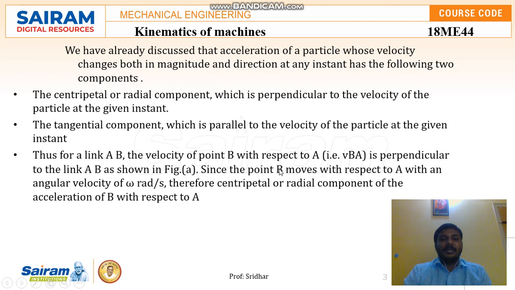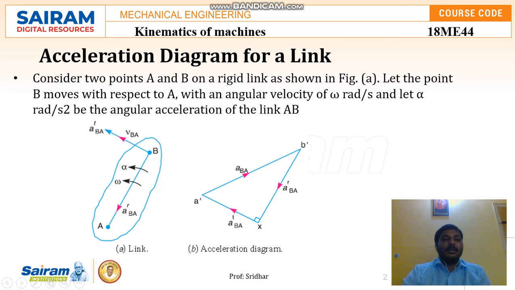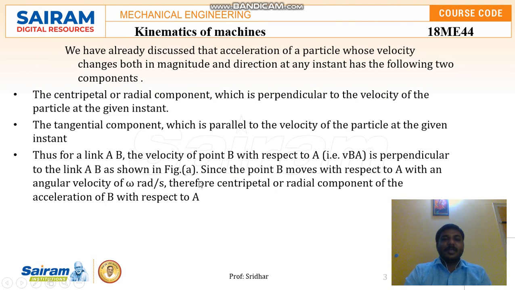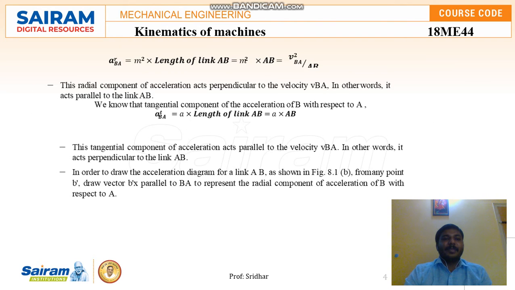Now, considering that the point B moves with respect to A with an angular velocity omega and angular acceleration alpha, the centripetal or radial component of the acceleration of B with respect to A can be identified. The acceleration of BA will be equal to omega square into the length of link AB.